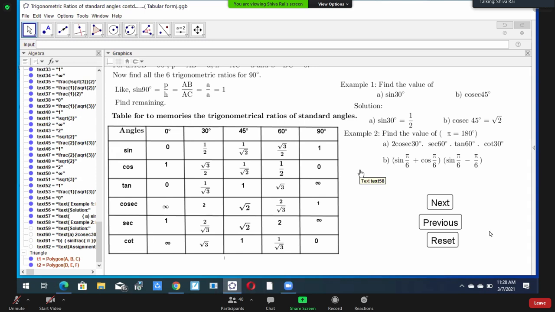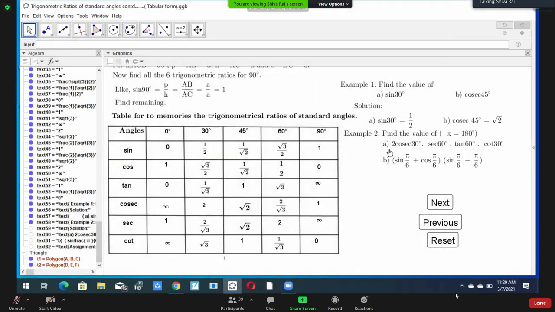Pi equal to 180 degree. If you are changing into grade, 180 degree equal to 200 grade. Are you remembering or no? Yes, sir. Okay. And try to remember.